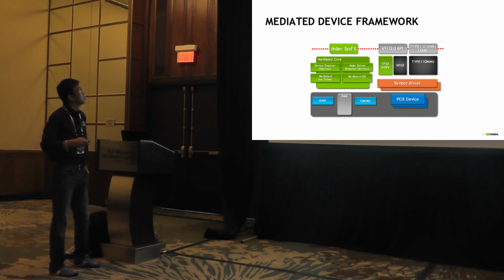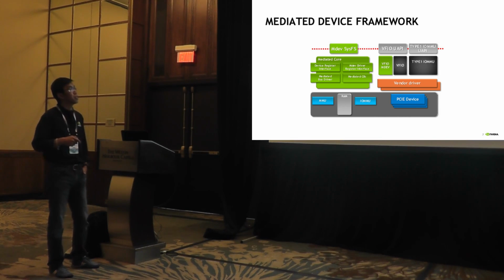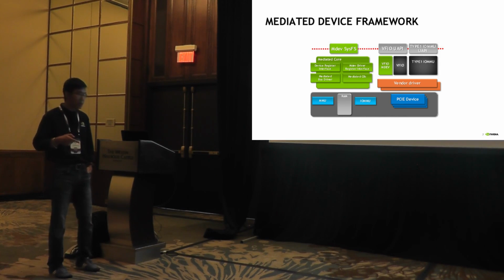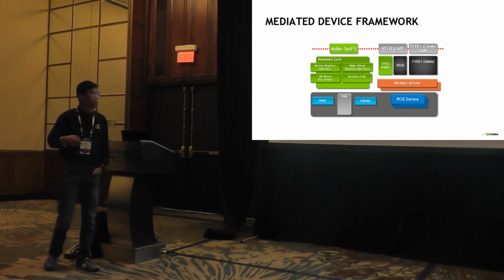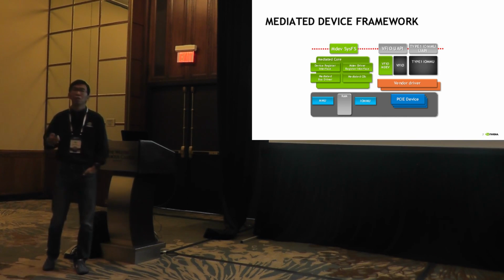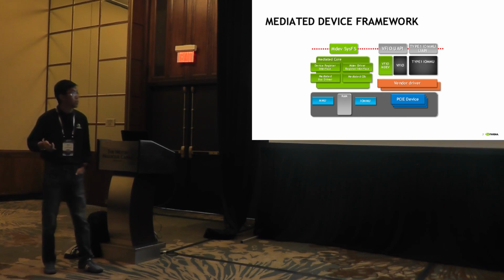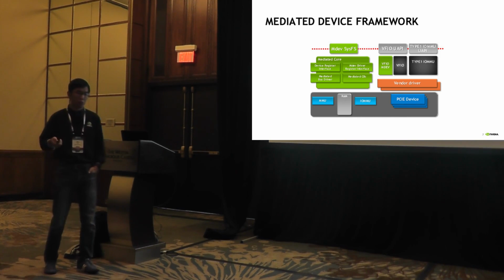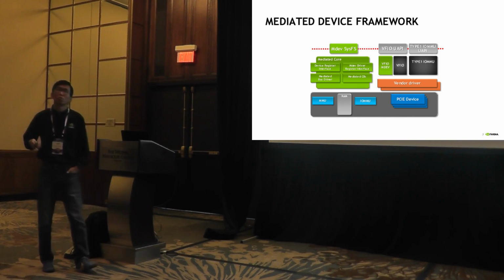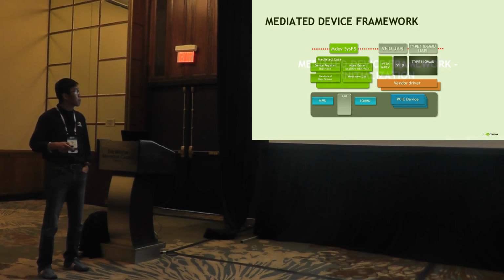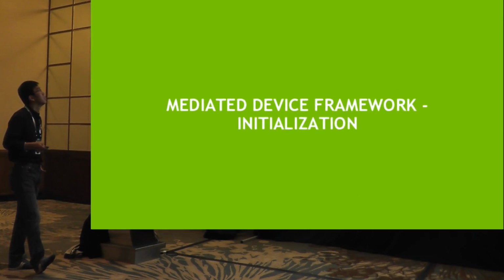One key takeaway here is that there's no modification between the VFIO user API and the Type 1 IOMMU API. So basically it means you can run vanilla QEMU. And later we are going to do a quick demo with vanilla QEMU 2.7 release candidate 2. So this is the framework.